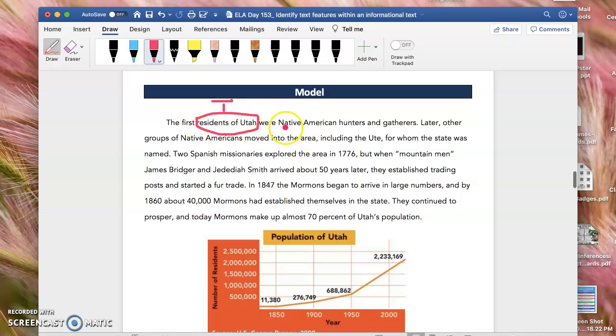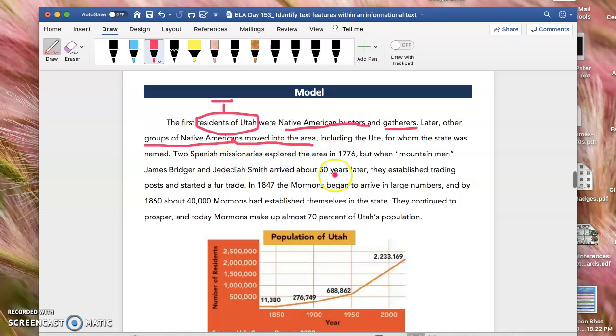The first residents of Utah were Native American hunters and gatherers. Later, other groups of Native Americans moved into the area, including the Ute, for whom the state was named. Okay? And so they're talking about these groups of Native Americans that moved to the area.